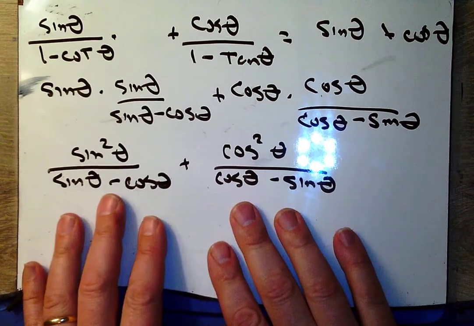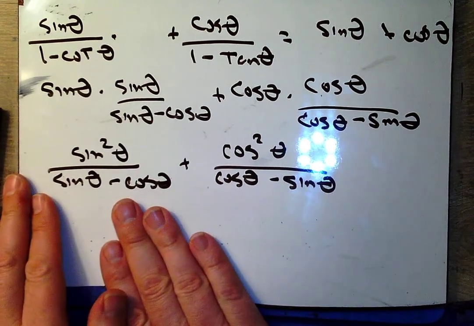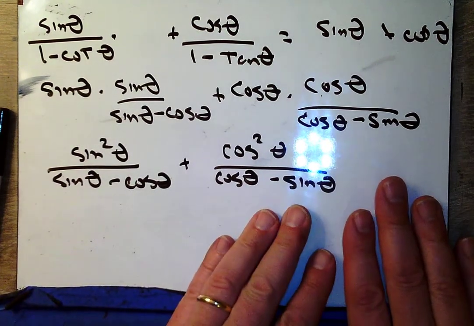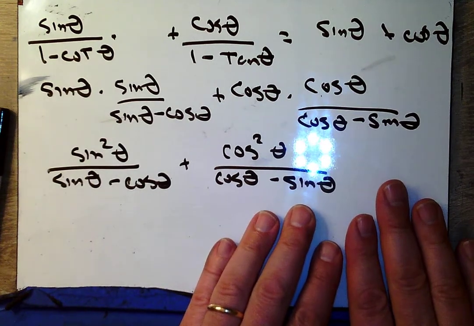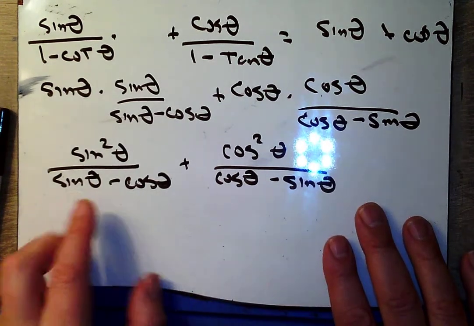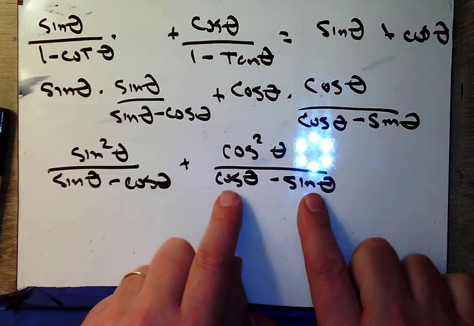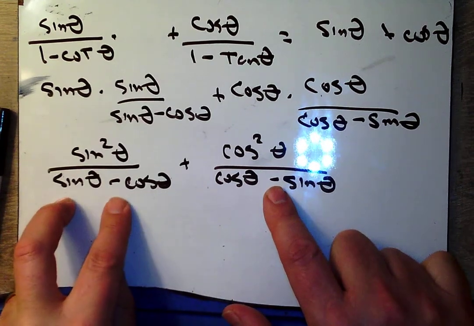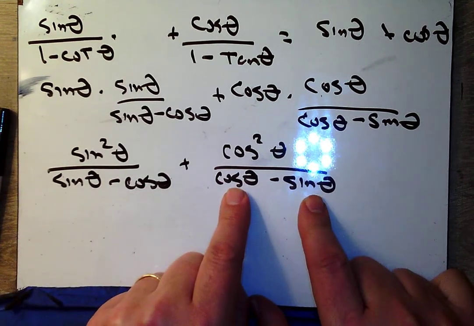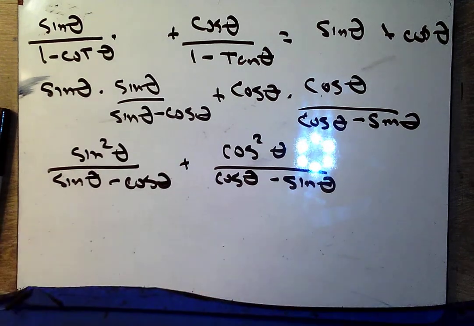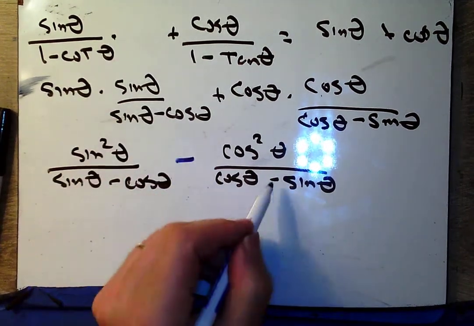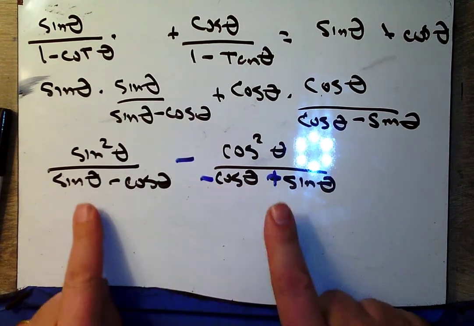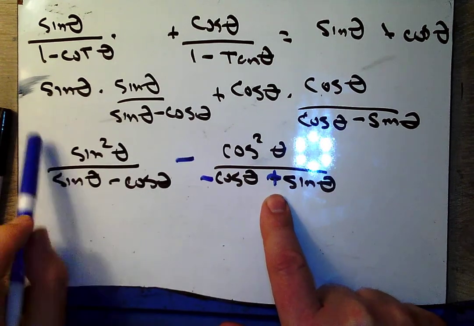But I don't particularly want to multiply everything over here by cosine minus sine, nor everything over here by sine minus cosine. So instead, I'm going to say, hey, sine minus cosine, I got a sine, I got a cosine, but now the minus is here. You know what? I bet I could get this if I divided each of these by negative 1. So I'm going to factor out a negative 1. That'll become a positive, and that'll become a negative. And now I have that, and I have that. Oh, look at that. That's wonderful.